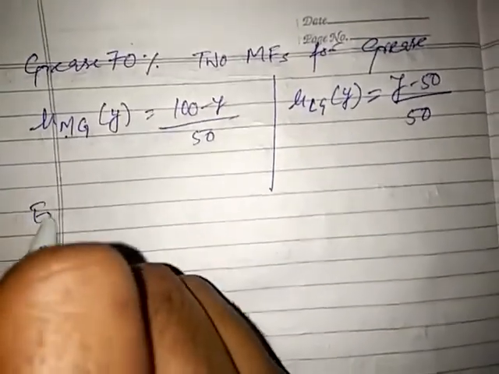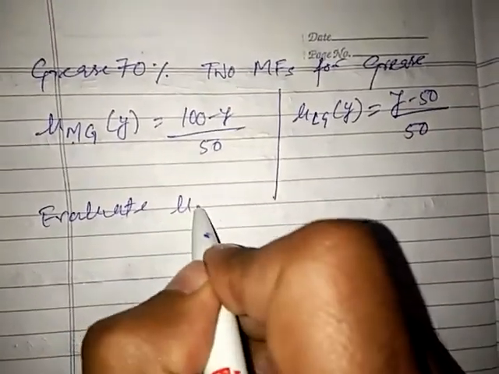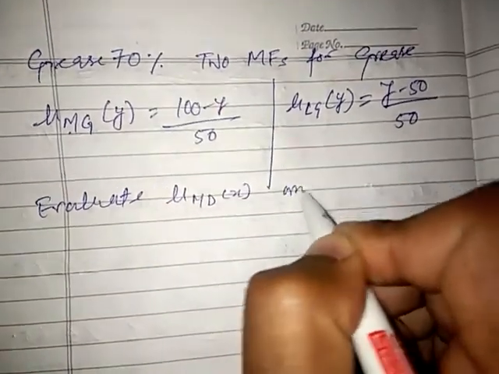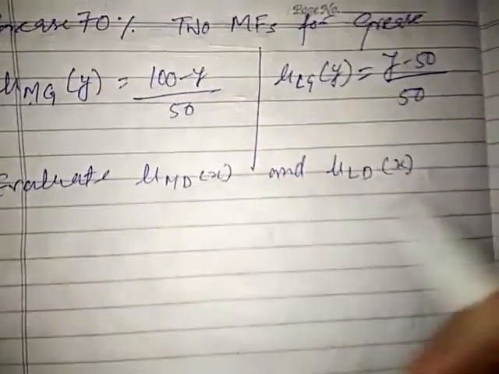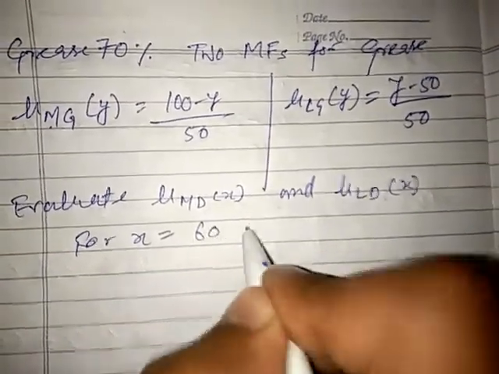Now we have to evaluate mu medium dirt(x) and mu large dirt(x) for x equal to 60.